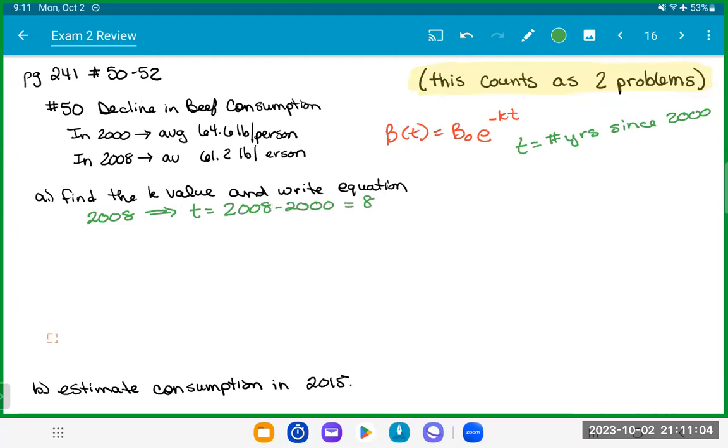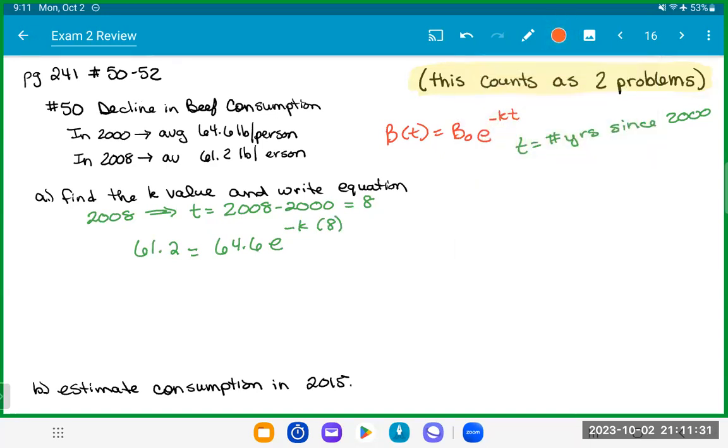Okay. So my consumption in 2008, right? So we're looking at 2008. So 61.2 is my consumption, is equal to 64.6 pounds e to the negative k times 8, because we're 8 years removed, right?